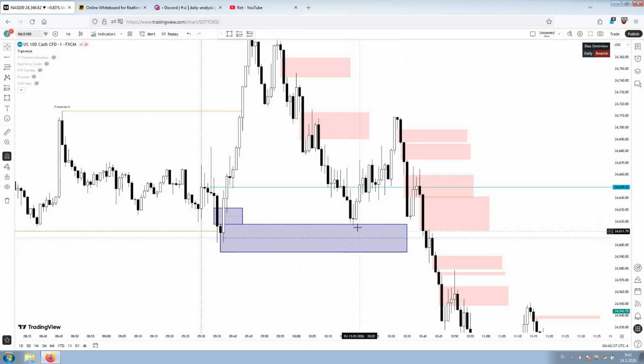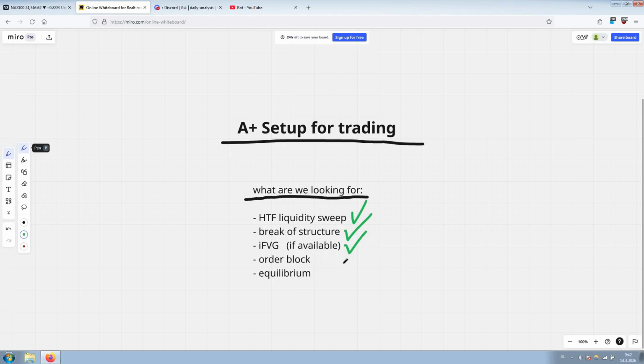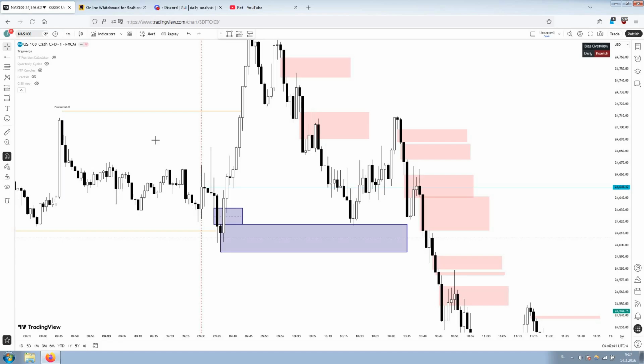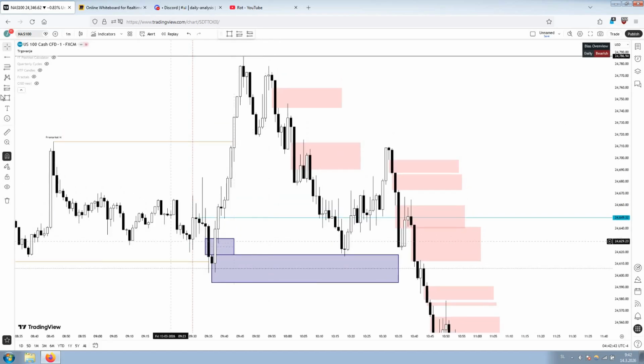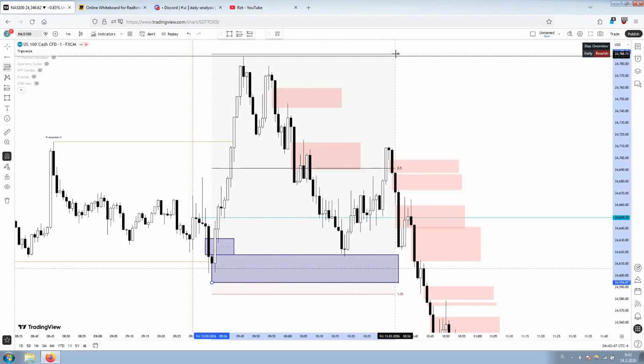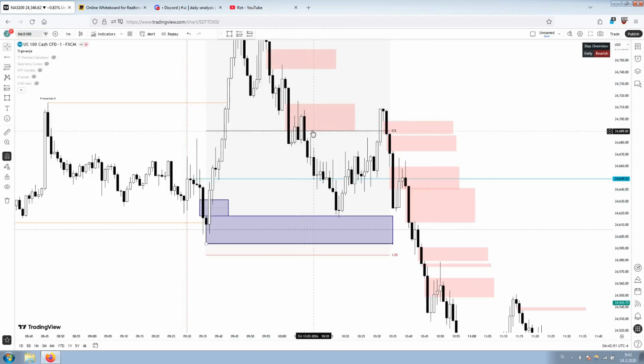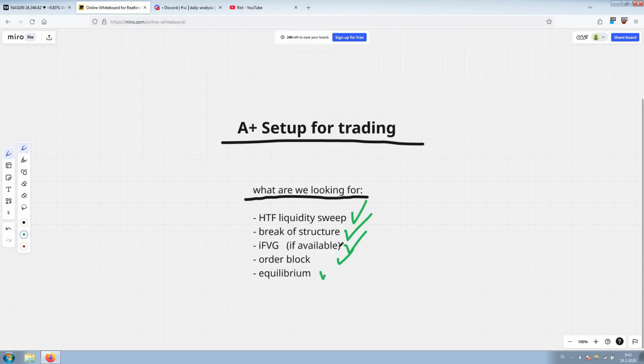So you could technically say, okay, we touched it, and did we also touch 0.5 on equilibrium? Let's take a look. Yes, we go comfortably below 0.5. You see, we touch the order block and then continue higher, okay, for a little bit, okay?